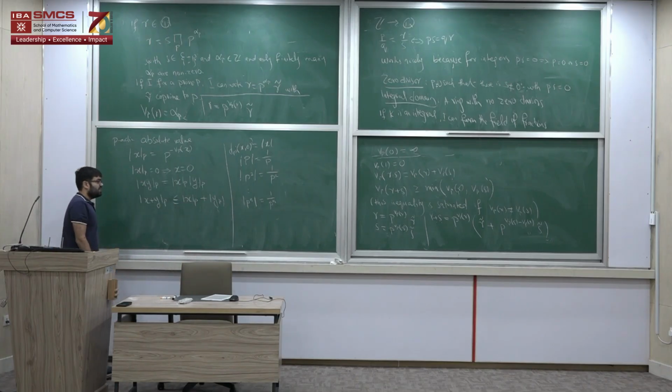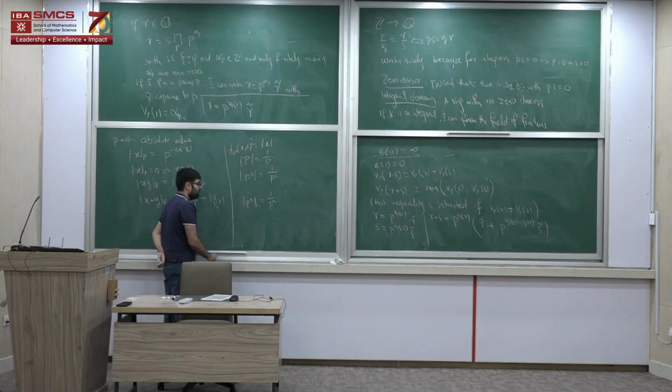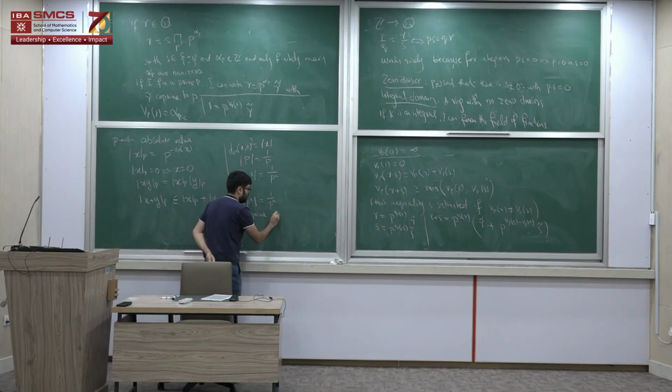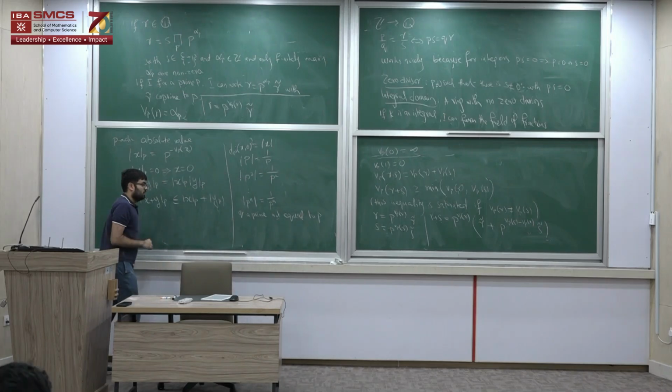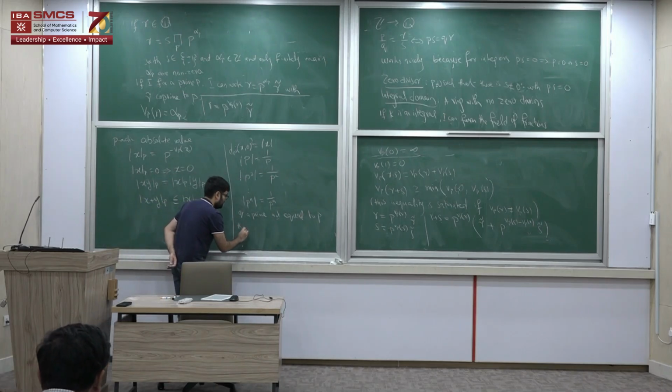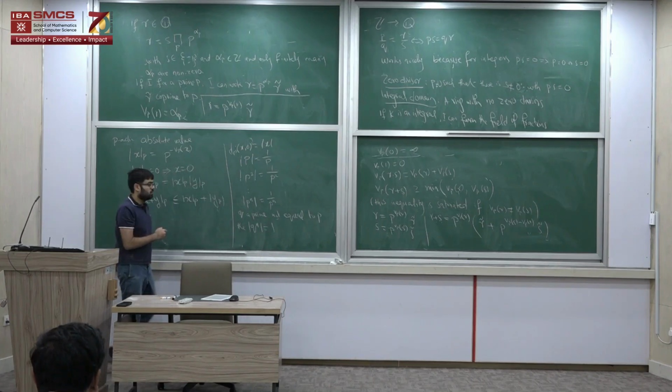On the other hand, if I have a prime q not equal to p, then the absolute value of q to the n is just 1, right.